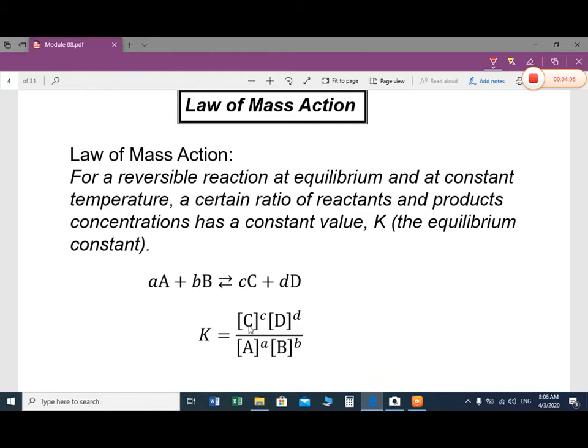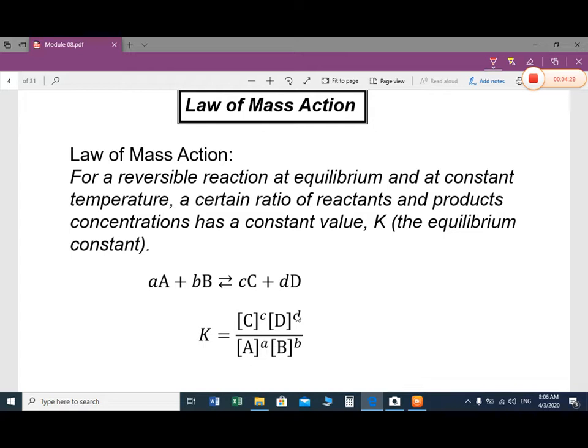In the law of mass action, the concentration of products divided by the concentration of reactants will be a constant value, called the equilibrium constant. Here the small c becomes the power of C in the equilibrium expression, and d becomes the power of D.